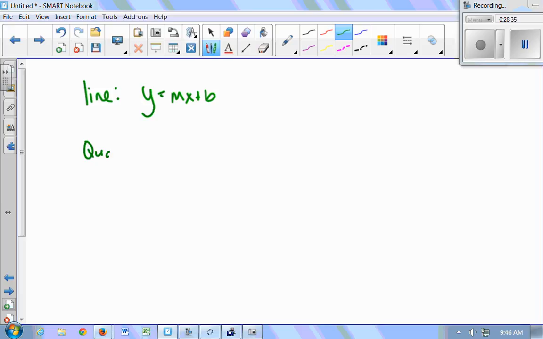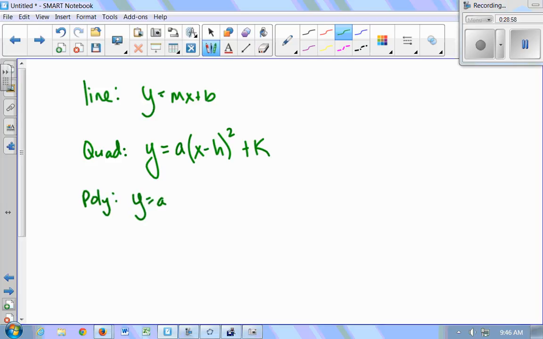If it's quadratic, usually the easiest thing to do is to use vertex form, where (h, k) is the vertex, and then you solve for a using another point. Polynomial, if you know the zeros, the easiest thing to do is to set it up with factors.